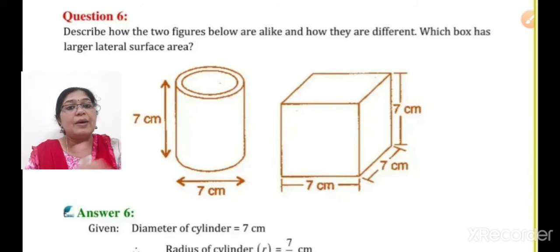If it is a cube or a cuboid, it is the perimeter. If it is a cylinder, it is the circumference of a circle into height.